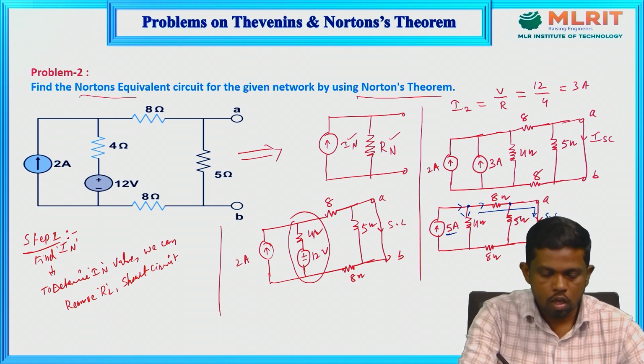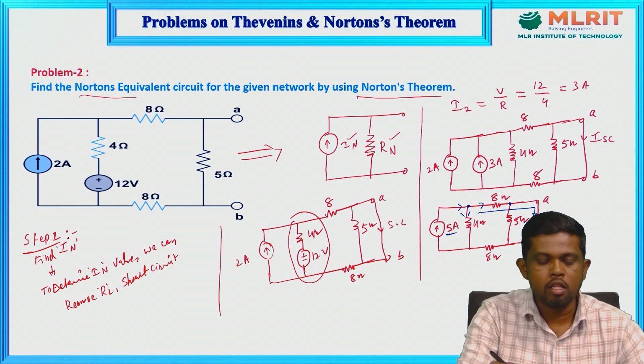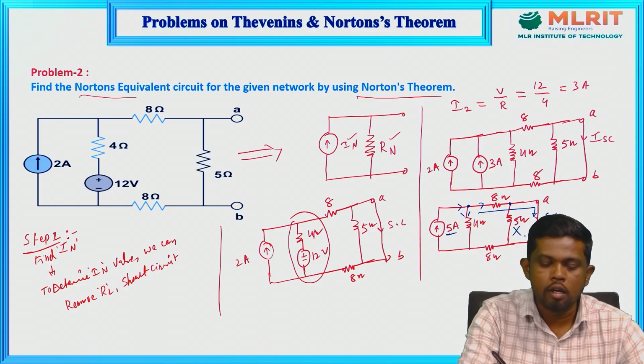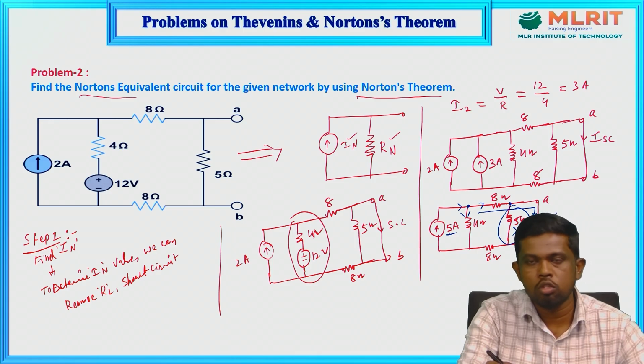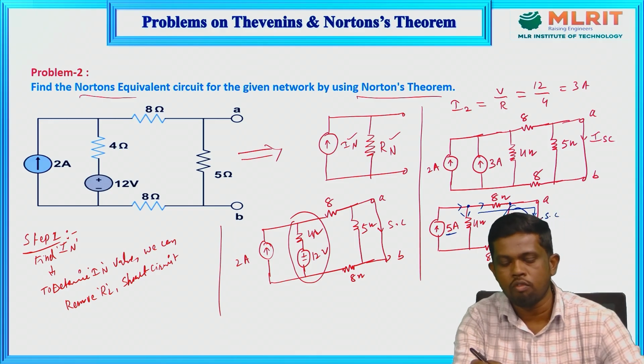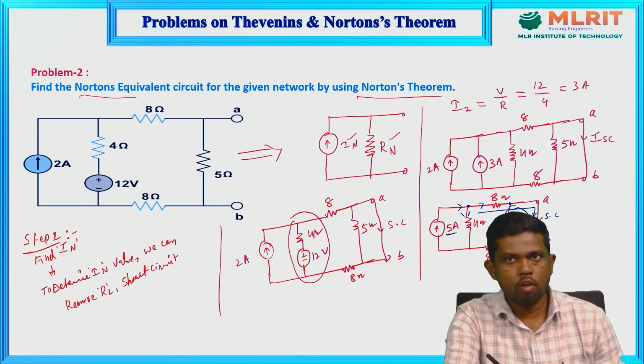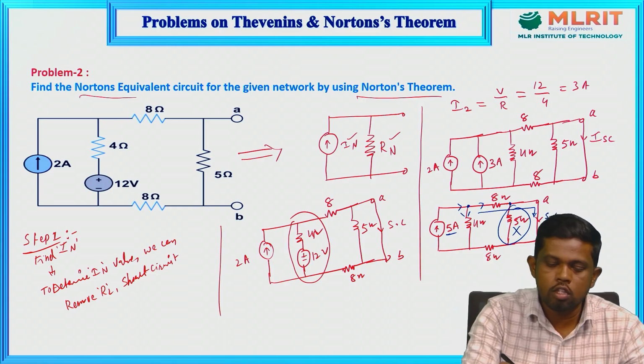Why? Because it appears nearby, in parallel to the short circuit branch. That's why it is redundant. So the 5 ohm resistor loses its property to oppose the flow of current, and that's why we ignore this 5 ohm branch. So we need to find the current through this element.